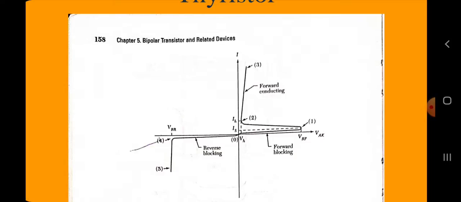To understand the forward blocking characteristics, we consider the device as two bipolar transistors, a PNP transistor and an NPN transistor, connected in a special way as shown in this figure. They are connected with the base of one transistor attached to the collector of the other and vice versa. The relationship between the emitter, collector and base currents and the DC common base current gain is as follows.